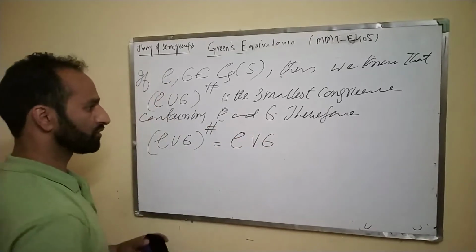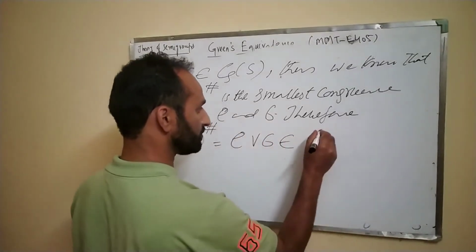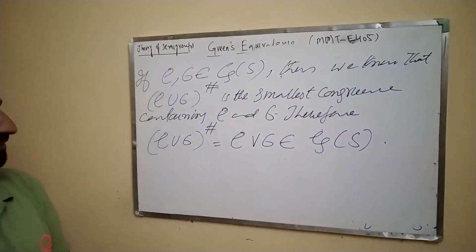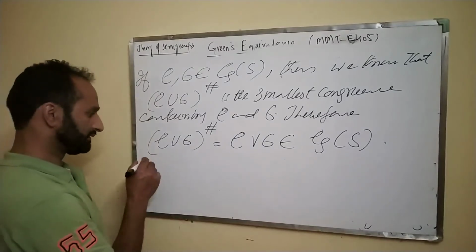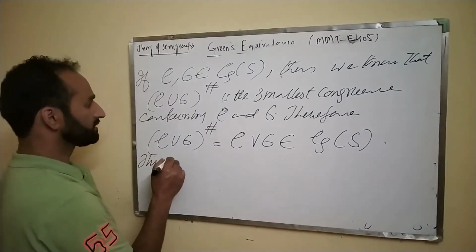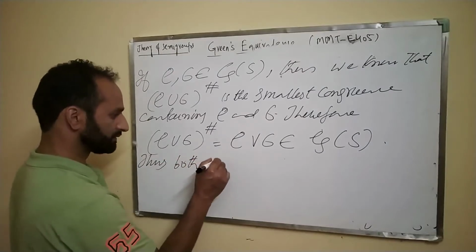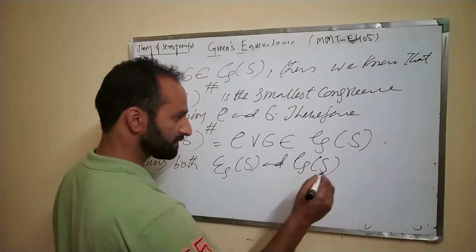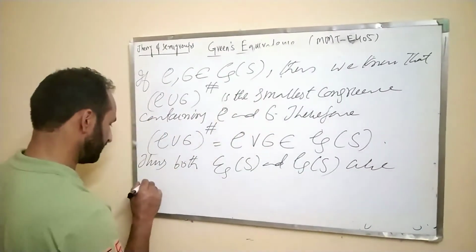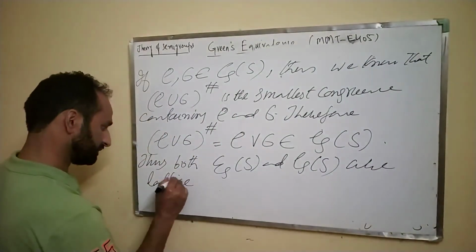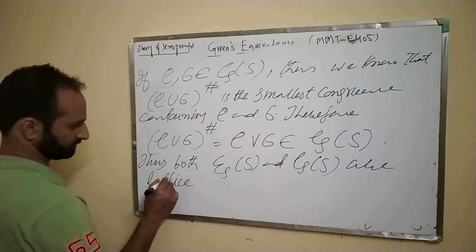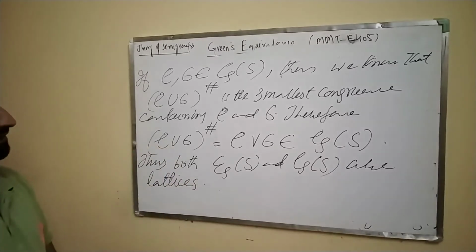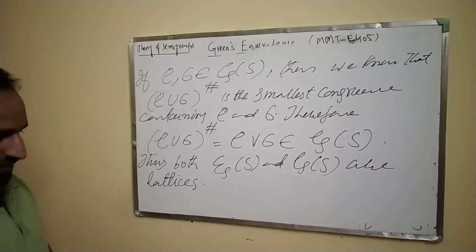And it is a congruence, so it belongs to C of S. So both E of S and C of S are lattices. Okay? They are actually lattices.